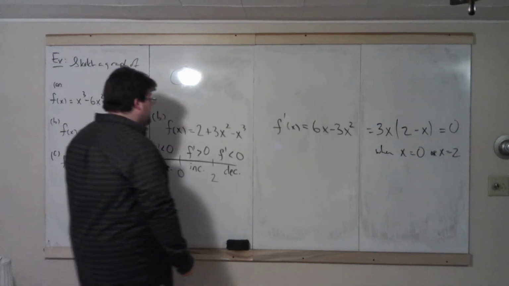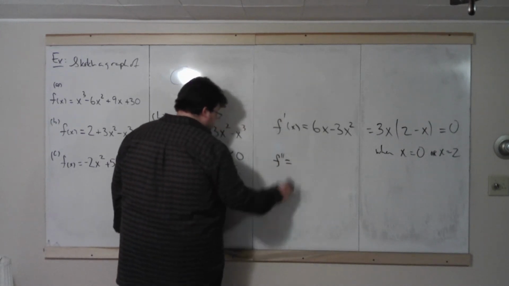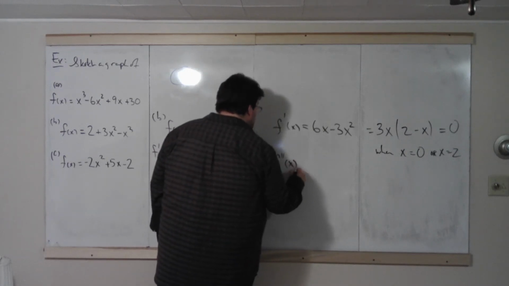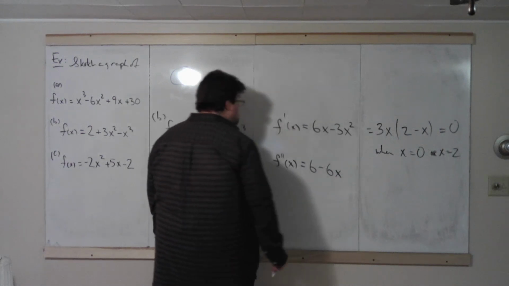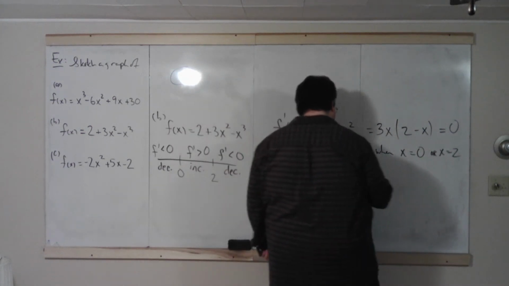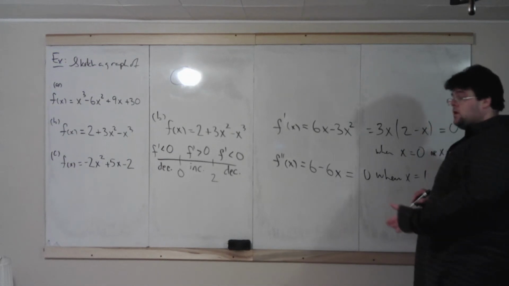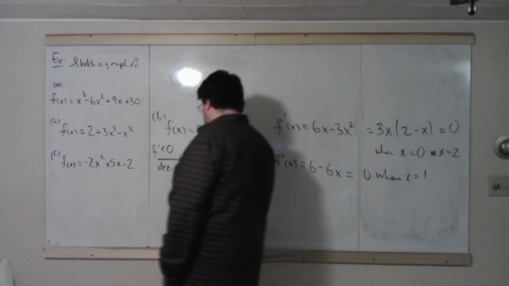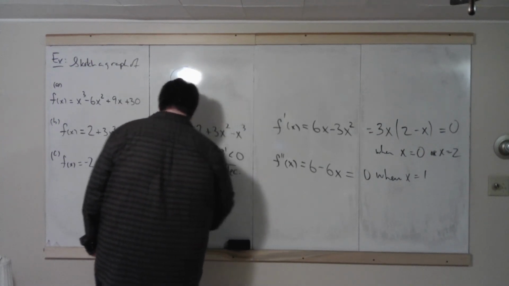Let's do the same with the second derivative. What's the second derivative? Let's put an f of x, because that's what I've been doing for these computations. Second derivative, we have 6 minus 6x. When is that 0? When x equals 1. Because 6 minus 6 is 0. So break the interval at 1.